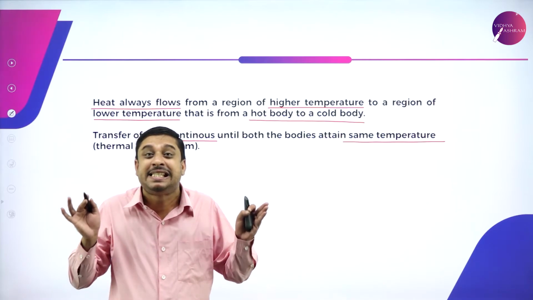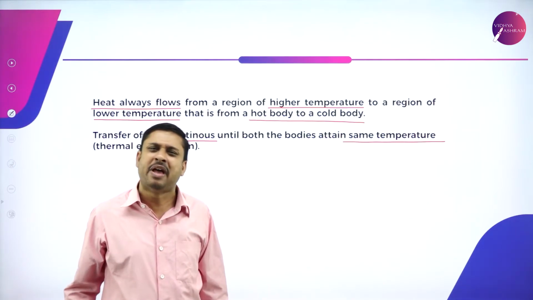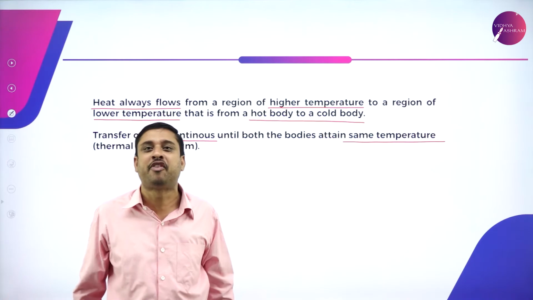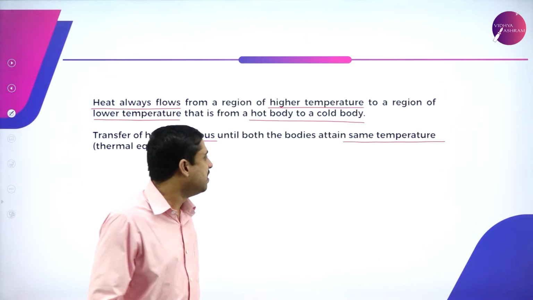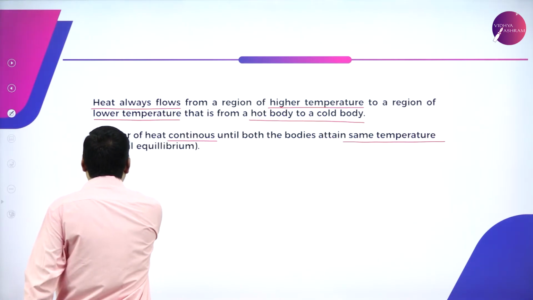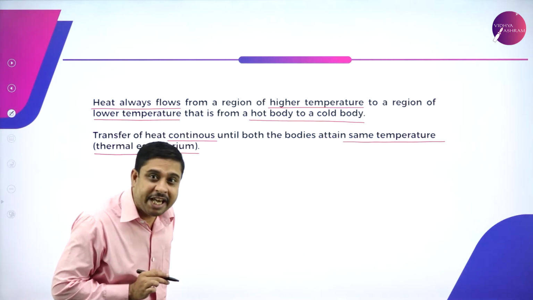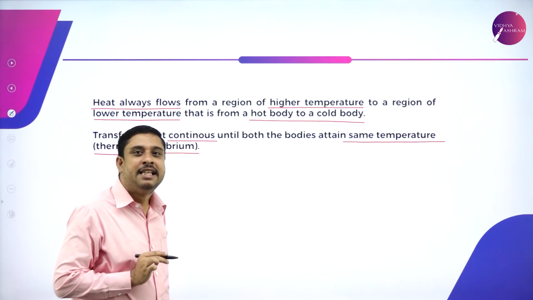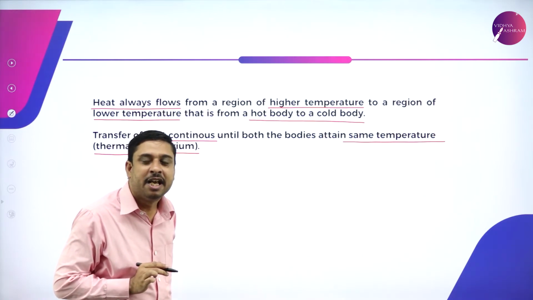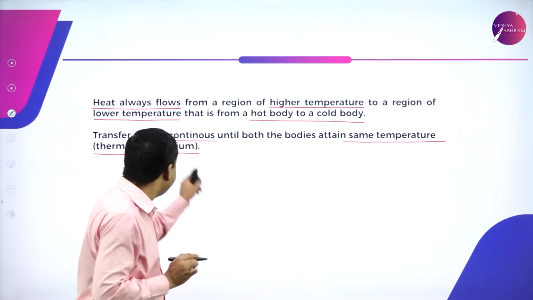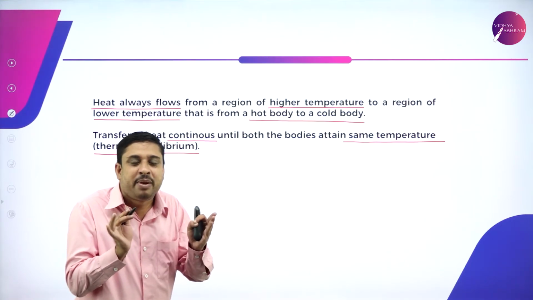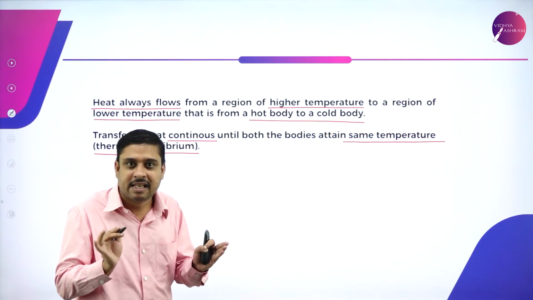They attain the same temperature. There will be continuous flow of heat between them. Or we say, until the system is in thermal equilibrium, there is flow of heat between two bodies. Equilibrium means balance.